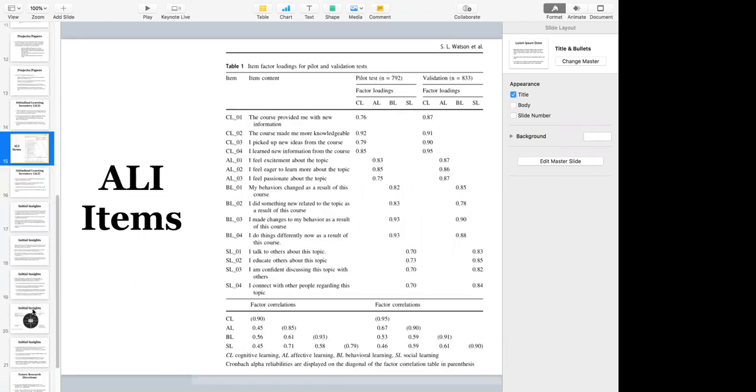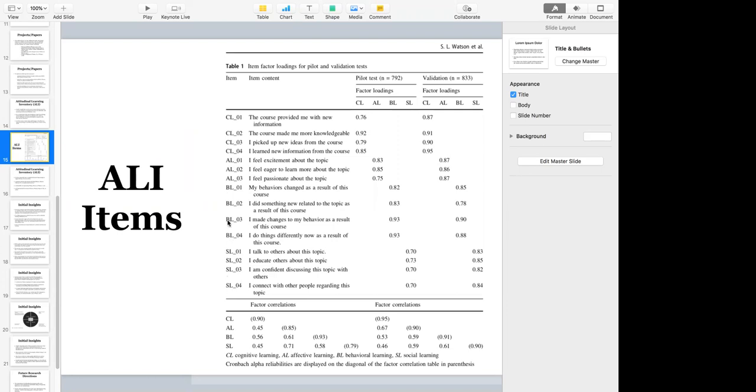So the Ali items, if you take a look, you'll see that there are 4 CL items. Those are cognitive learning right here. And then the next 3, you will see AL. Those are affective learning. And then the third category is BL, which is behavioral learning. And then the 4th category that we added through our initial cases was social learning.